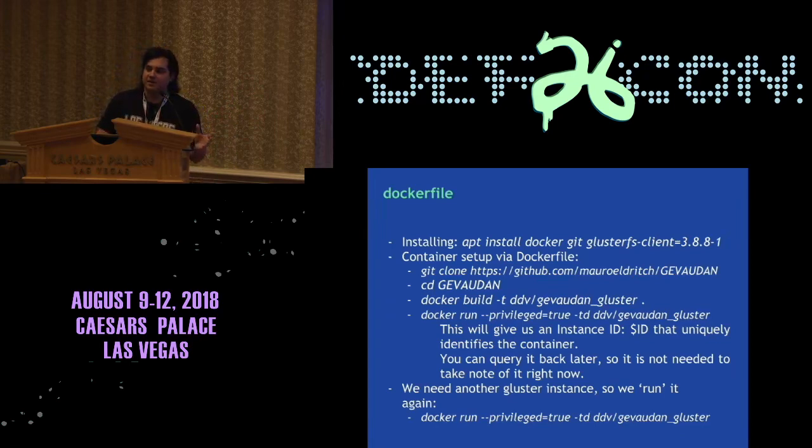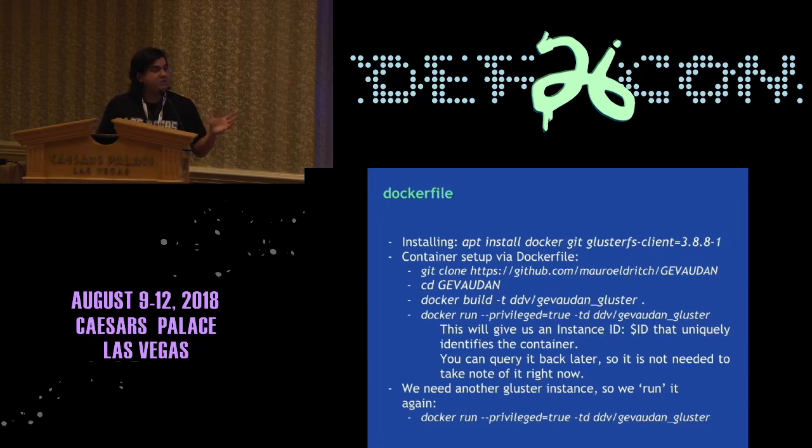The magic of Docker is that you can run as many instances as you like, or as you can, of the same product. So if we run this command, docker run privileged true, twice, we will have 2 instances of the lab. If we run it 3 times, we have 3 instances, and so on.